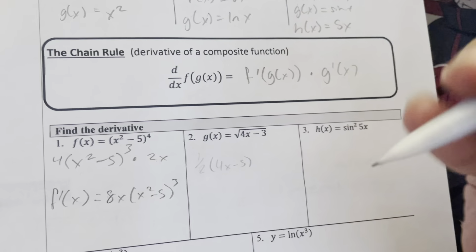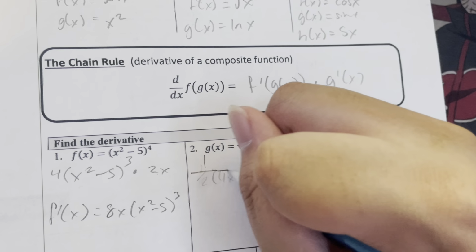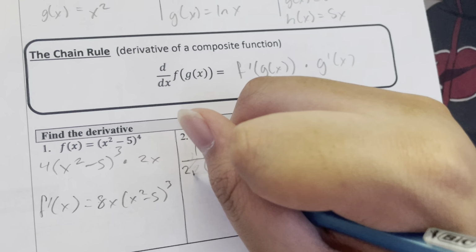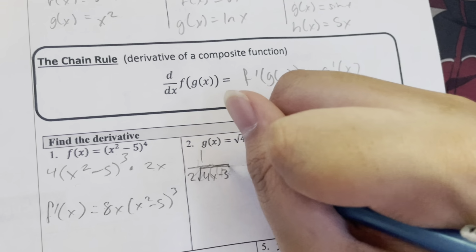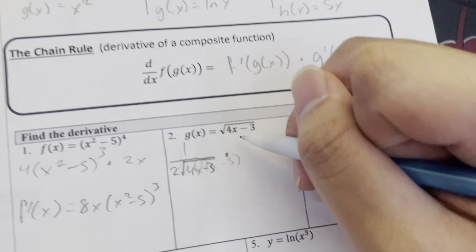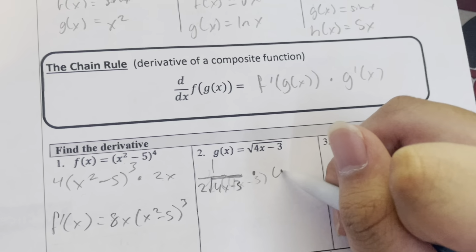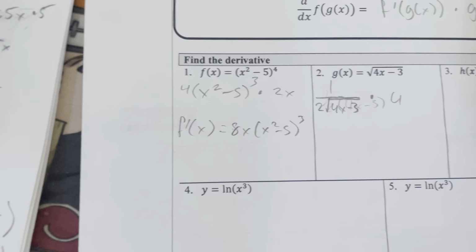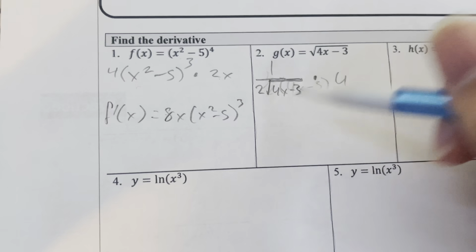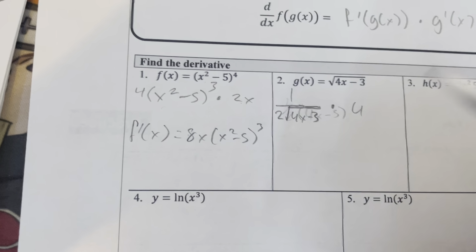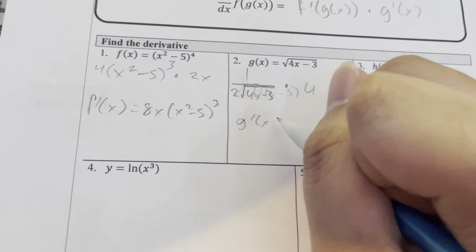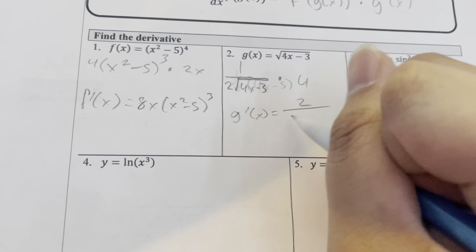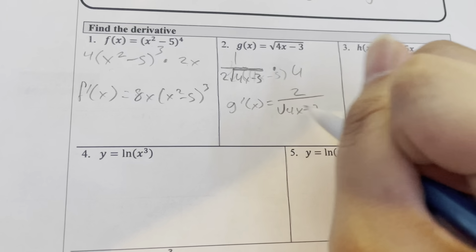This will be 1 over 2 times the square root of 4x minus 3, multiplied by the derivative of g of x, which is 4. So multiply this together, this will be 4/2. You can cancel those out, so g prime of x equals 2 over the square root of 4x minus 3.